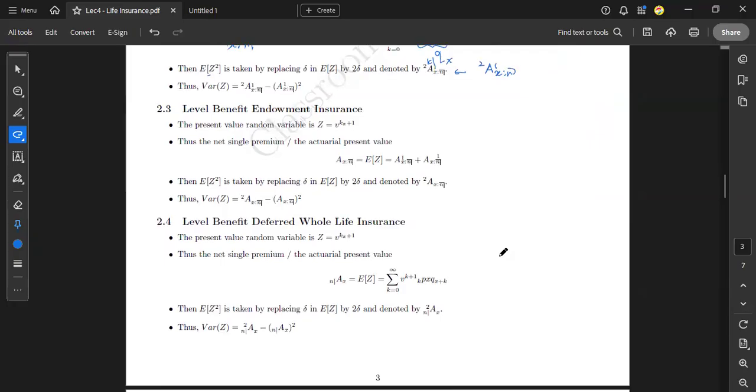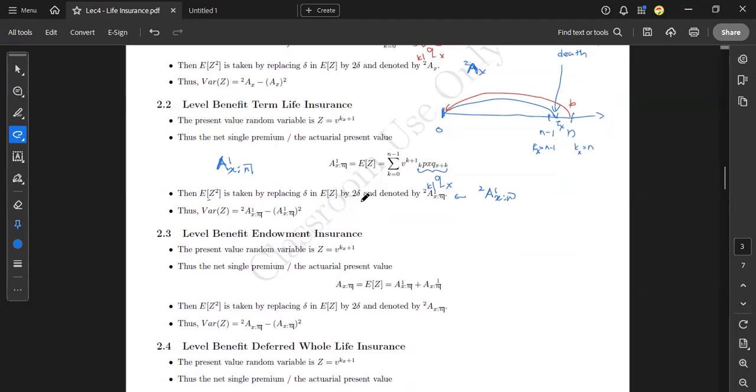In the same way, for the level benefit endowment, we know that the pure endowment part is just a one-time payment, so it's still there. For the endowment insurance, if the death occurs between 0 and n, there's a payment, and if they survive, then there's a survival benefit at time n.